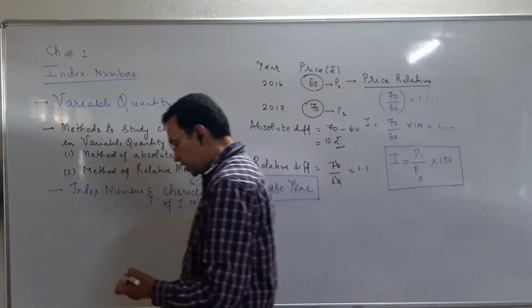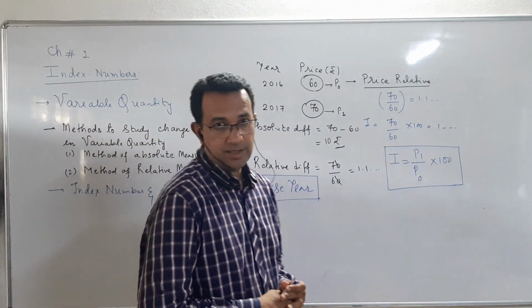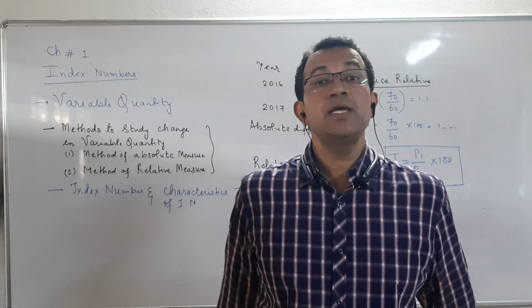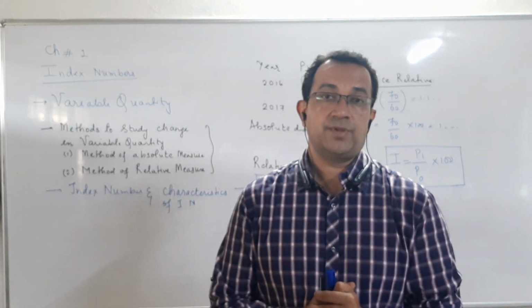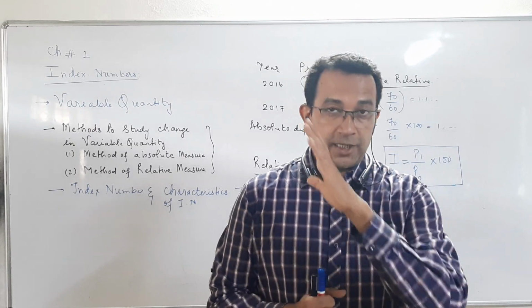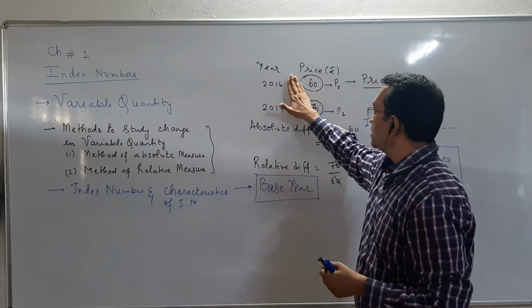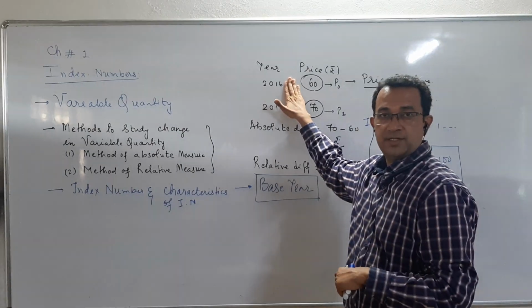Students, our next definition is base year. What do you mean by base year? All of you pay attention. Say 2017 and 2016, the lower year will be the base year.